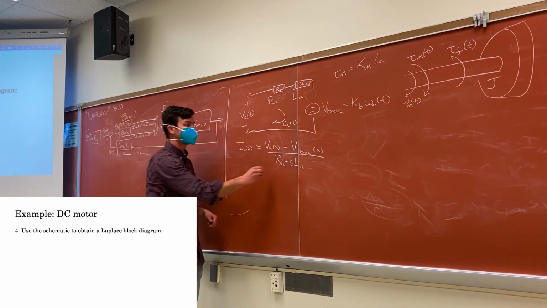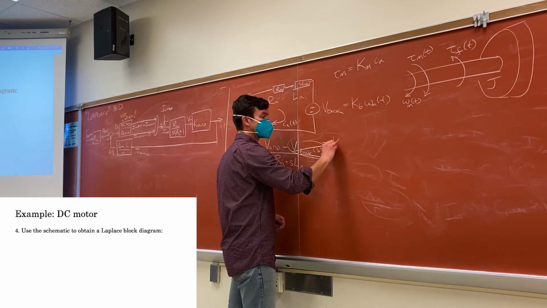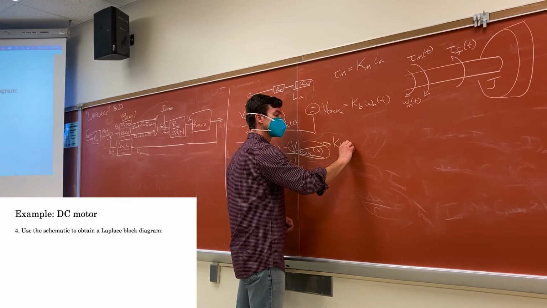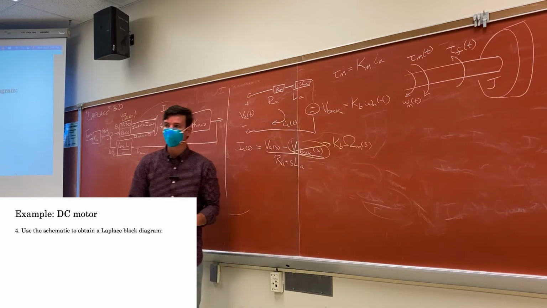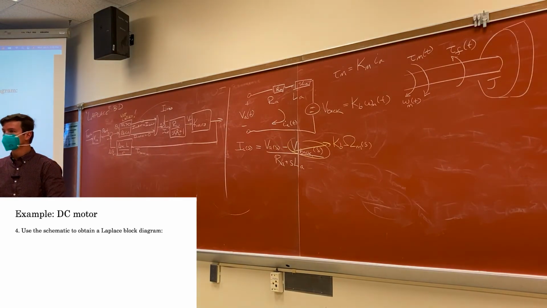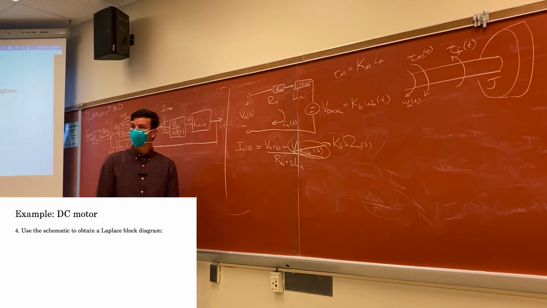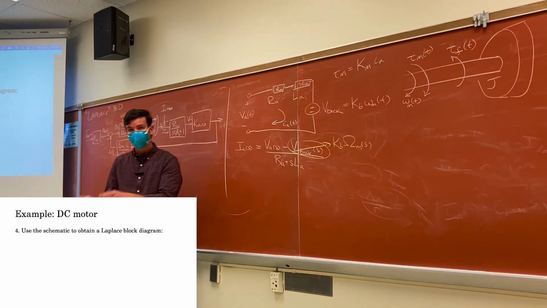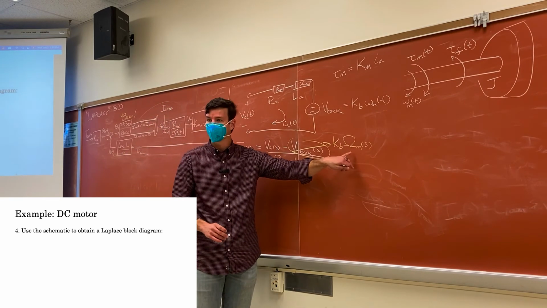The back EMF can be replaced by a scaling factor times capital omega. I'm sorry the capital omega doesn't look like lowercase omega. It's not my fault. But I'm trying to respect that time domain things are lowercase, Laplace domain things are uppercase. It kind of backfires there.